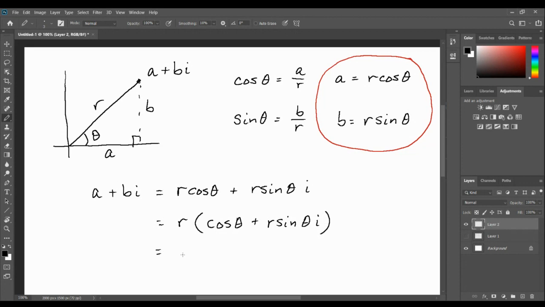Now, one of the things that they often do, just so that we don't make as many mistakes, is they'll bring the i in front of the sine theta. It's just so we don't accidentally confuse the i with the angle. So this is the format you're likely to see most often.